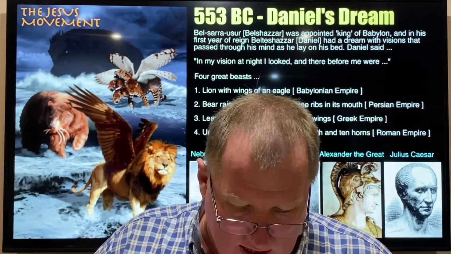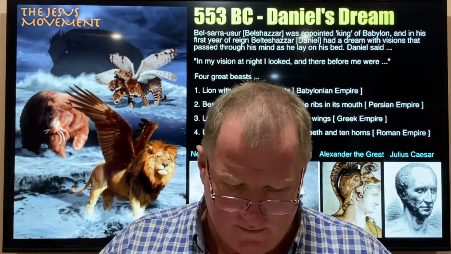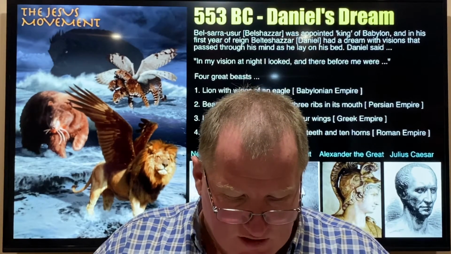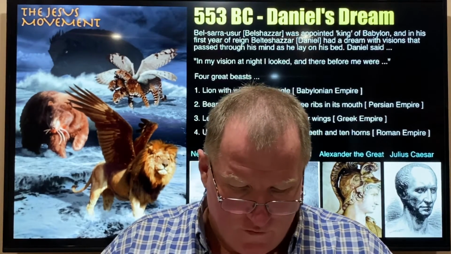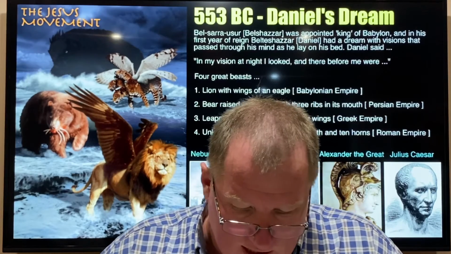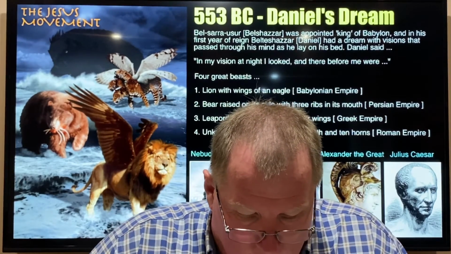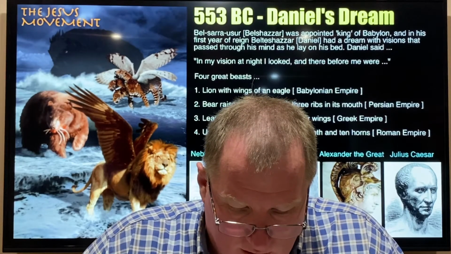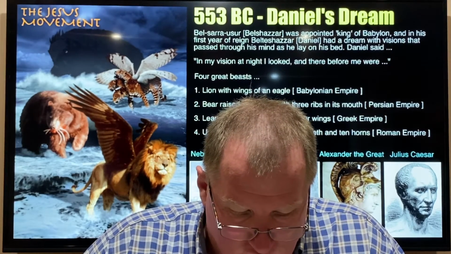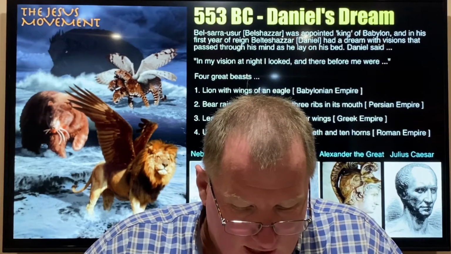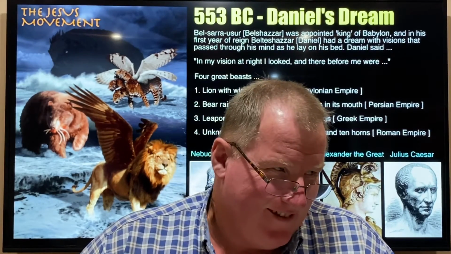It crushed, devoured, and trampled its victims. So Daniel was thinking about the horns of the fourth beast when he saw another little one come up among them. This horn had the eyes of a man and a mouth that spoke boastfully, and caused three of the bigger horns to be pushed out. Does anyone have any idea of what this is all about? I will explain.